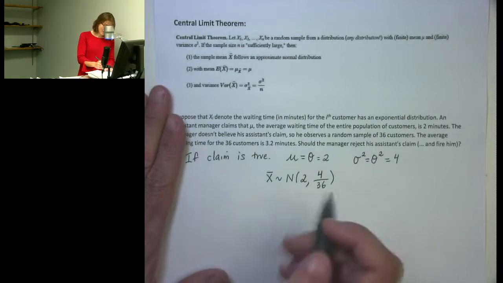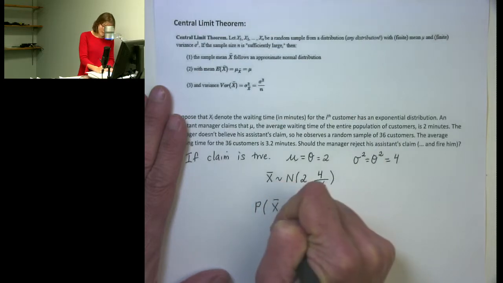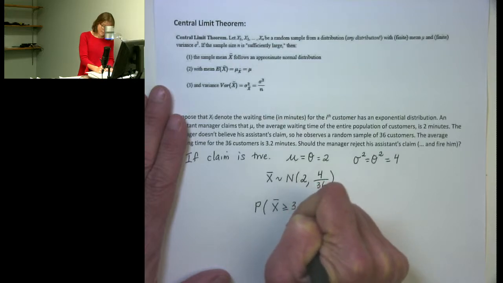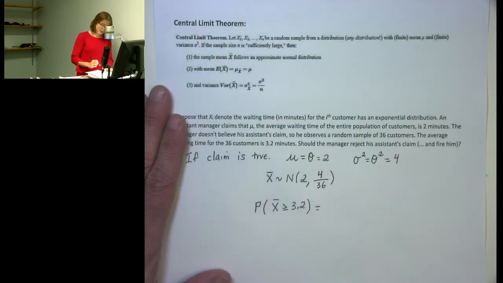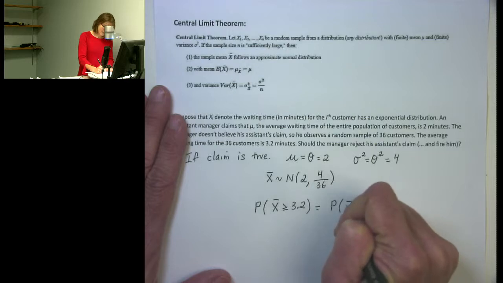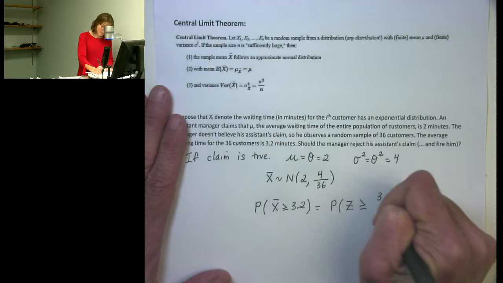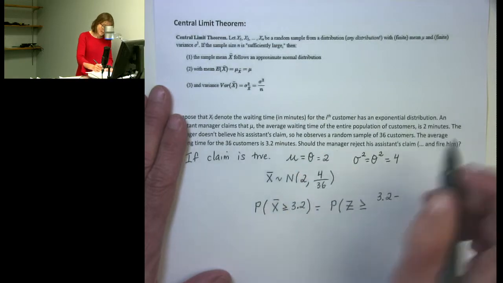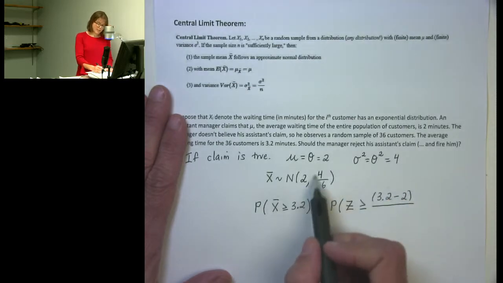So now let's say, if this is true, what would be the probability of seeing a sample mean as big as the one we saw here? Well, I can standardize based on this distribution. That would be the probability that a standard normal random variable takes a value greater than 3.2 minus this mean, 2, divided by the standard deviation of this distribution.